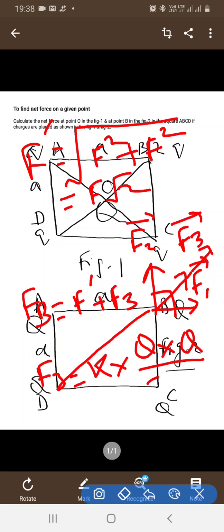BD square is equal to 2A square, since the diagonal is A under root 2. So this will be equal to F upon 2. And F dash we are getting as F root 2.